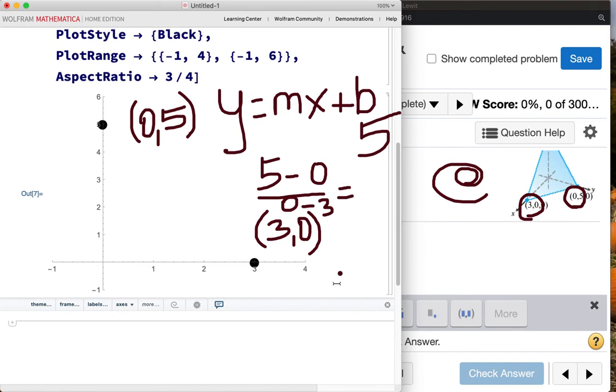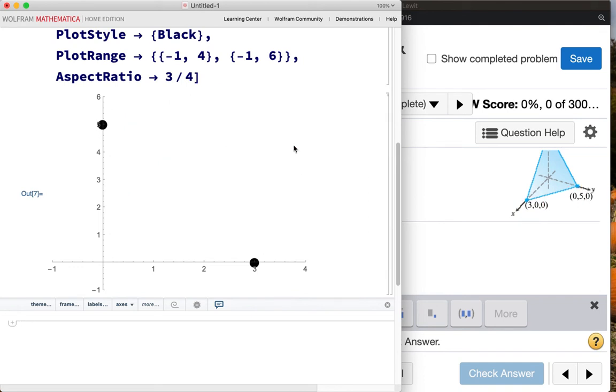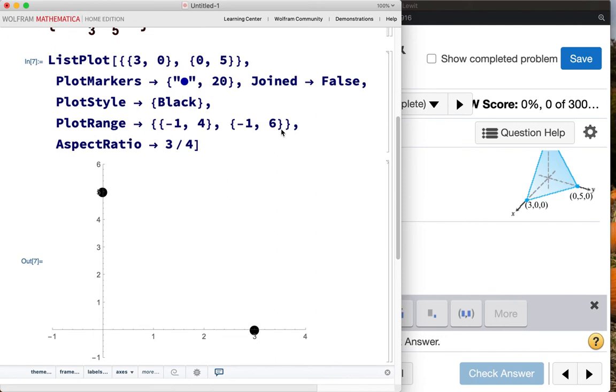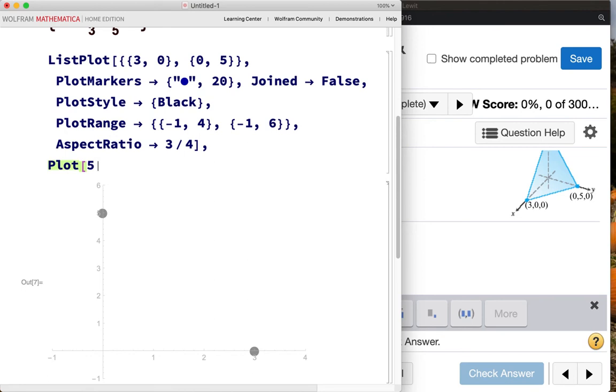And that's going to give us negative, oh, I'm sorry, negative 5/3. So 5 minus 5/3 x.